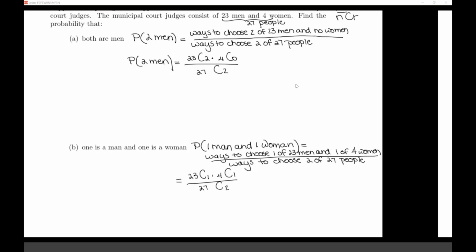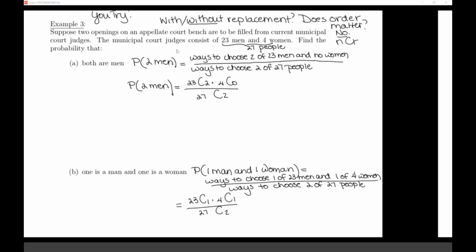Okay, folks, I know you're all still working, and that's fine. But let's come together because there's one or two more things I want to show you after this. Let's make sure we're all on the same page with this problem. In part A, I'm trying to find the probability of picking a sample of 2 that's just men. Based on the selection of judges in municipal court, do you think it's likely that I'll randomly pick a sample of 2 that's all men?